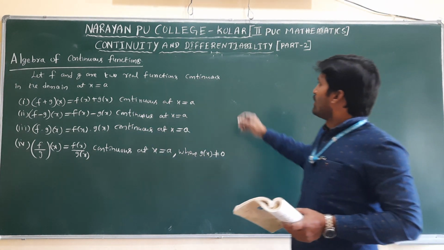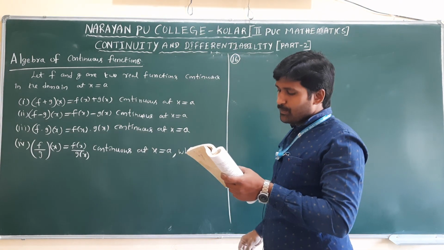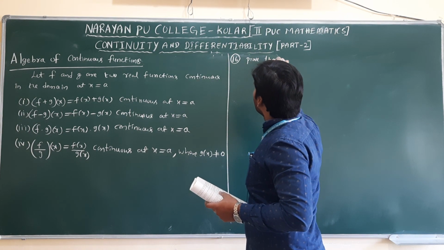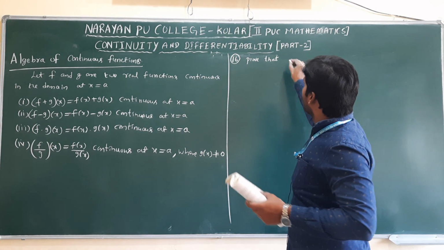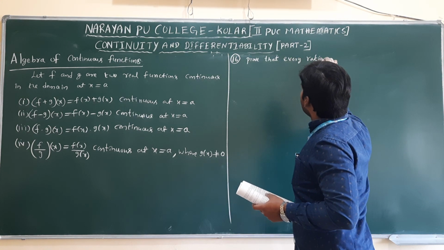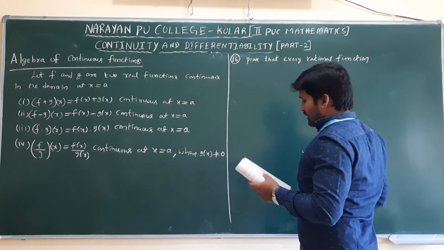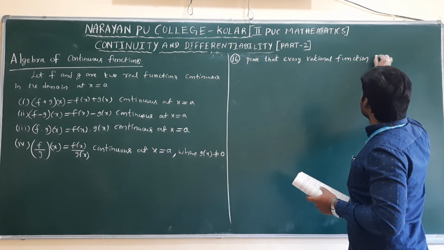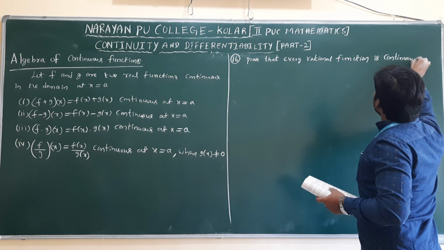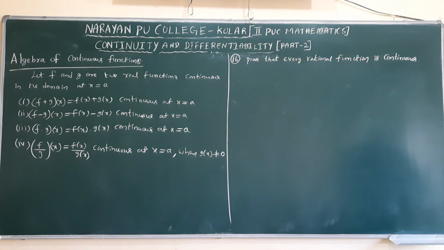Next, coming to example 16, prove that every rational function is continuous. Now every rational function is continuous, we need to prove that.